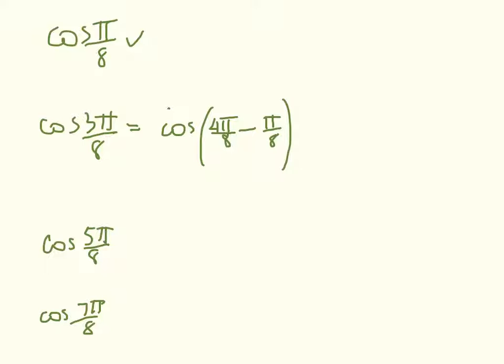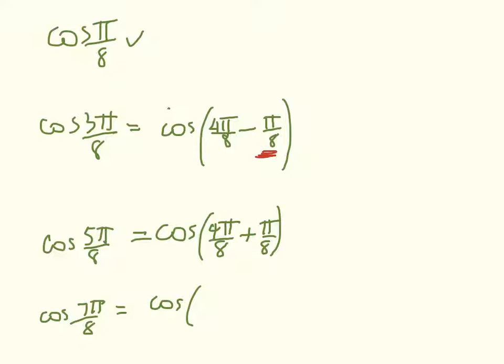Right, and then I've got a building block coming in of a pi on 8. We're going to look at cos of 5 pi on 8 and say, well, we can write that as cos of 4 pi on 8 plus pi on 8. And with cos of 7 pi on 8, we can write that as the cosine of pi minus pi on 8.